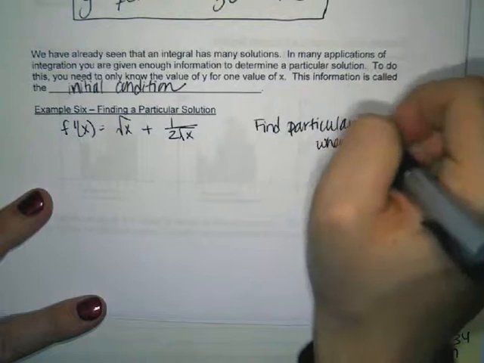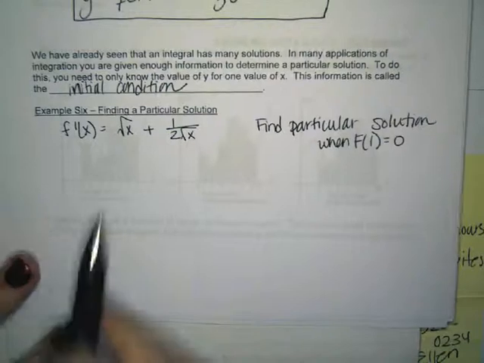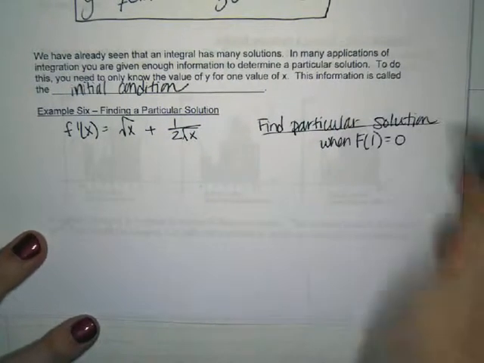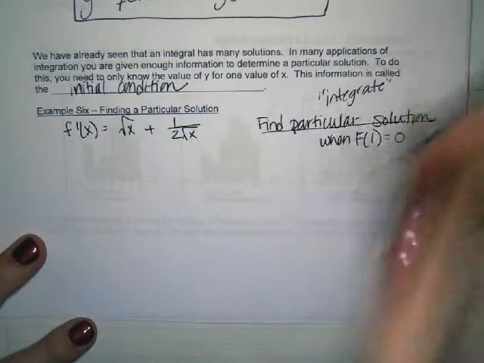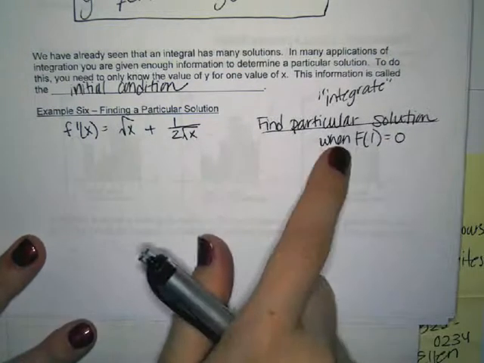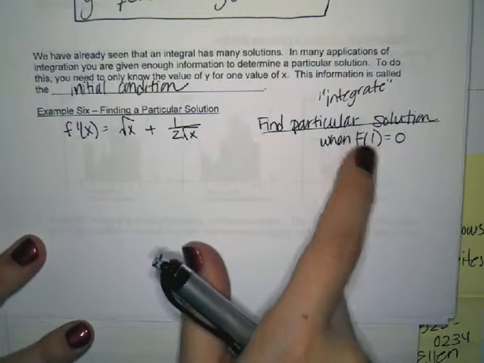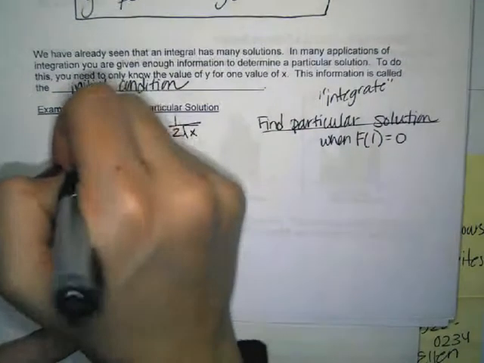So I'm going to have to integrate this. Now, before I do, I'm going to rewrite it as exponents because it'll be a little bit easier here. And then I'm going to integrate it. So keep in mind that you can integrate both separately because you're adding them together, which is how I'm going to set it up here, or you can keep them together and then just integrate both.